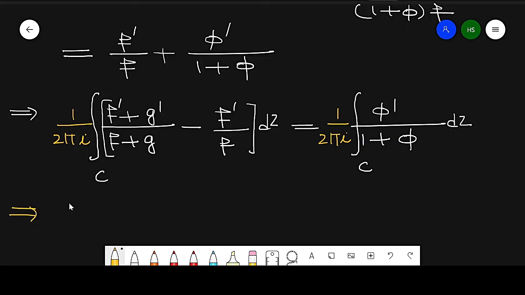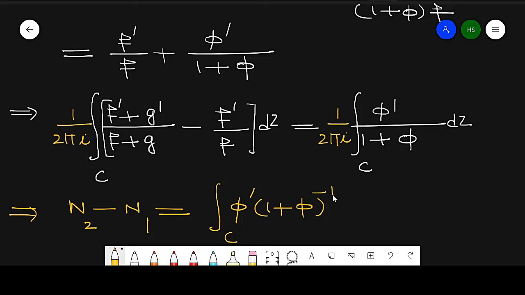So this is n2 minus n1, and this value is the integration around C of phi dash into 1 plus phi raised to power minus 1, a function of z, into dz. So here we write the value in this way.